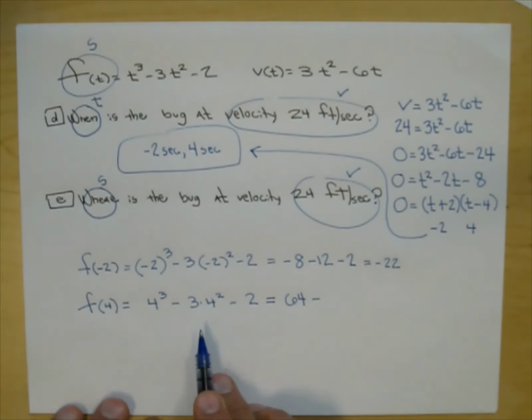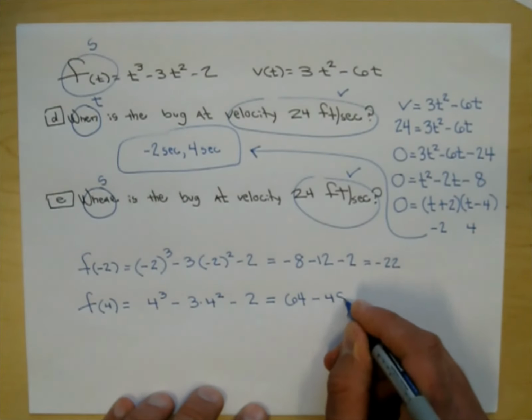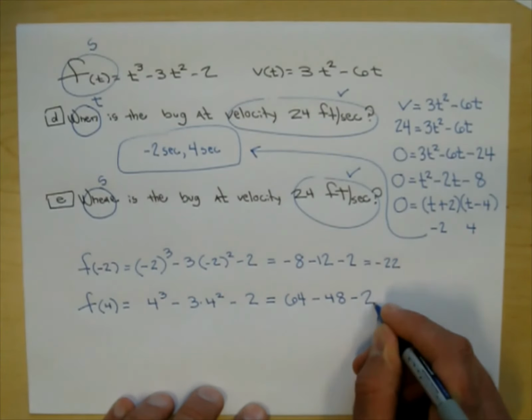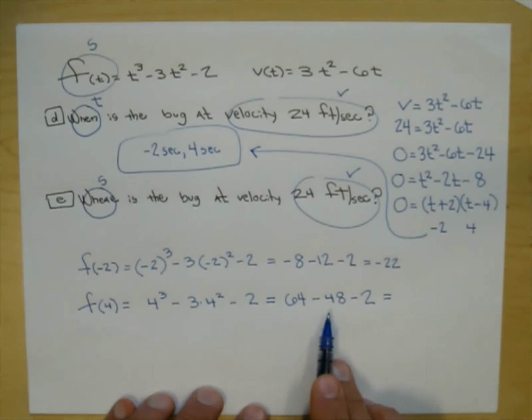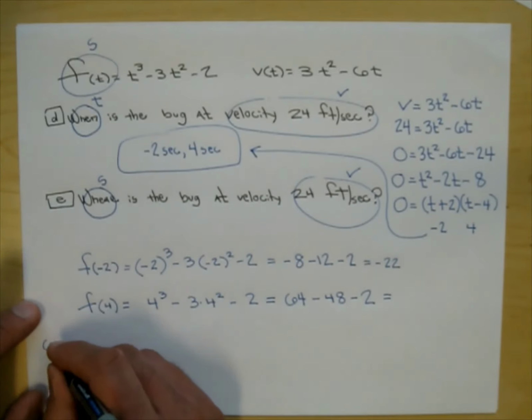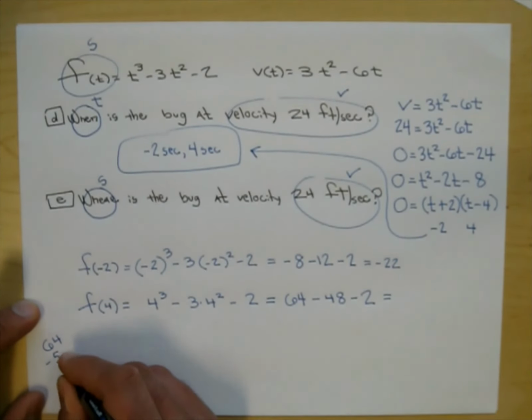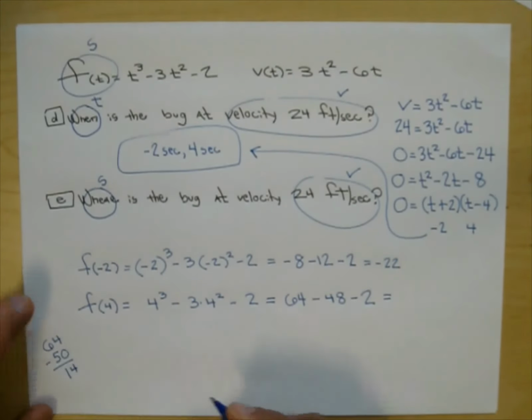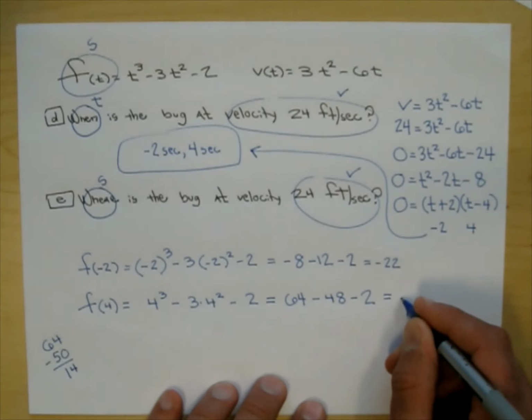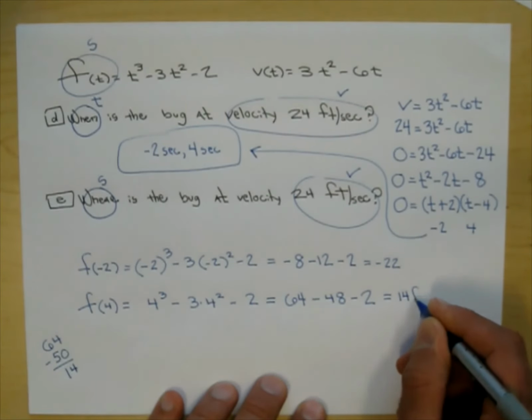Then we have, this is 16 times 3. I think that's 48. We have minus 2. So it's really 64 minus 50. Can't believe I have to do this off to the side. That looks like it's 14 feet.